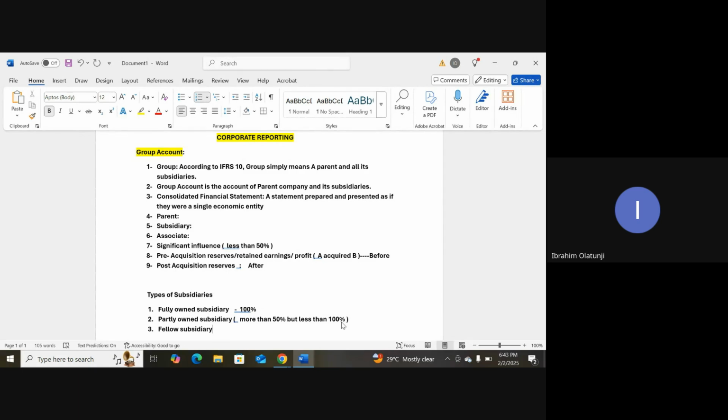If these two or more entities are controlled by the same parent, company A controls B, the same company A controls C, D, E, we call them what? A fellow subsidiary. Is it clear?